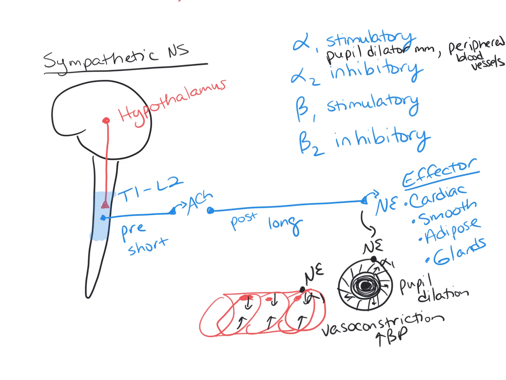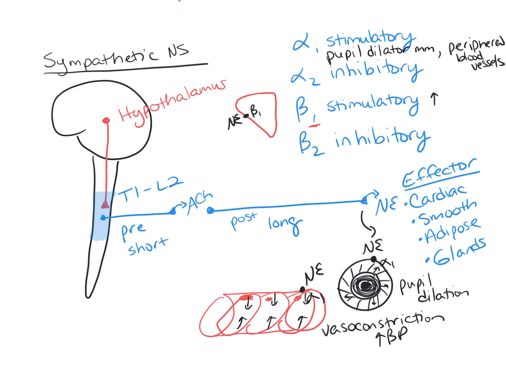Now let's look at beta-1, because beta-1 is also stimulatory. So beta-1, think of the 1 in beta. The heart, there's only one heart, so we'll think of the heart as having the beta-1 receptor. So we have a beta-1 receptor on the heart, and if norepinephrine is released and binds to that beta-1 receptor on the heart, it's going to cause the heart to increase.